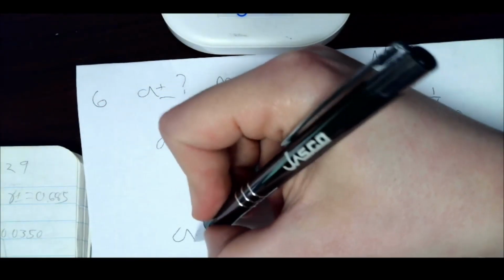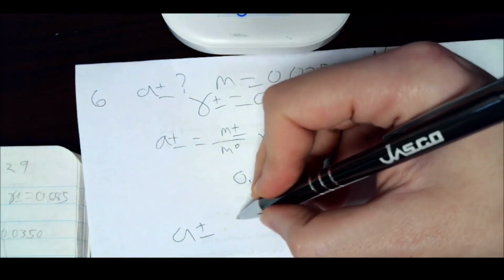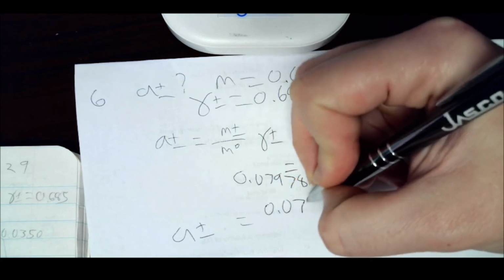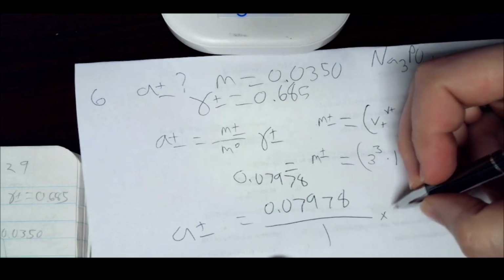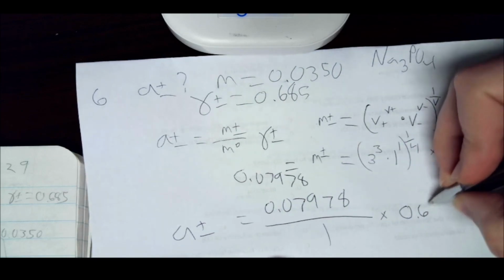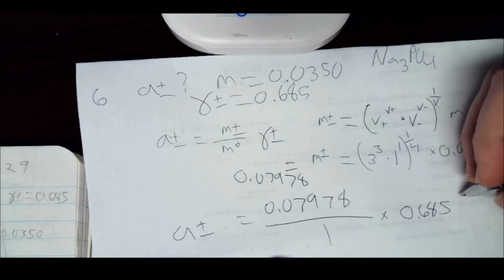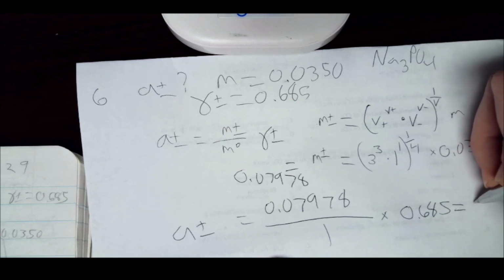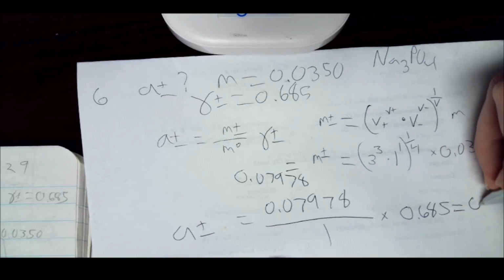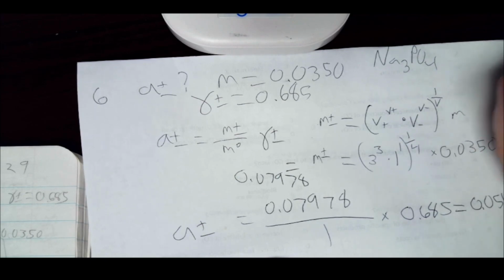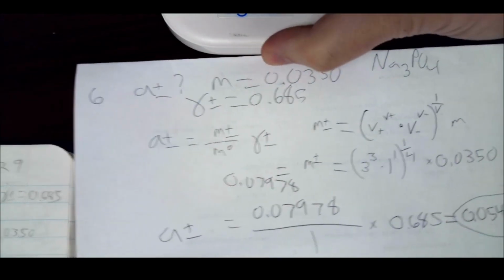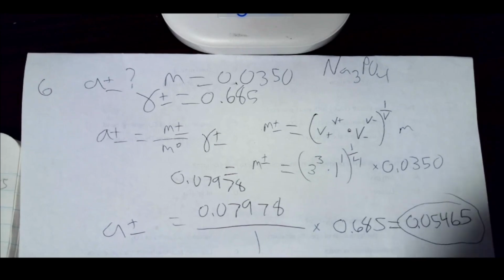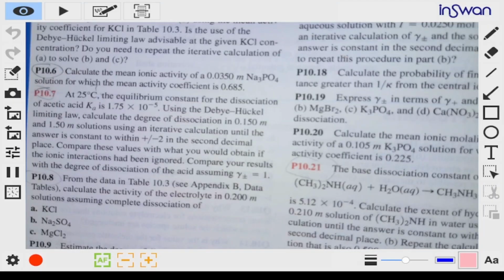So our activity is going to be 0.07978 divided by 1 times our activity coefficient of 0.685. You do that, and you'll get the mean ionic activity as 0.05465 as our answer.